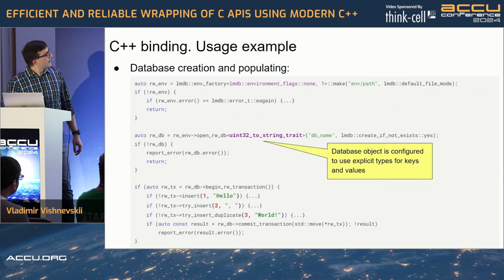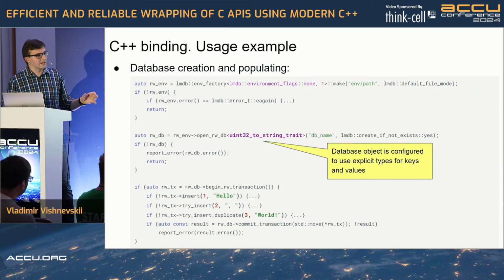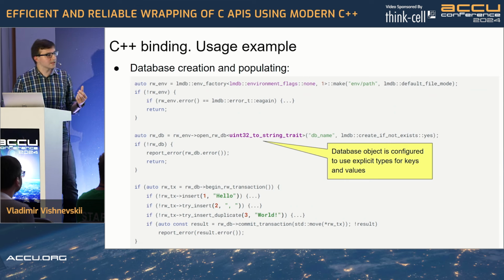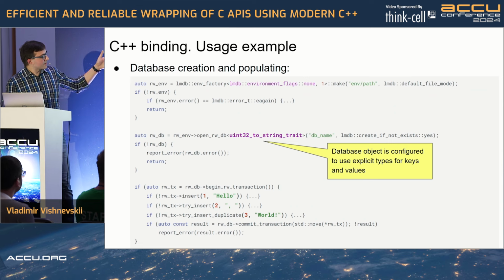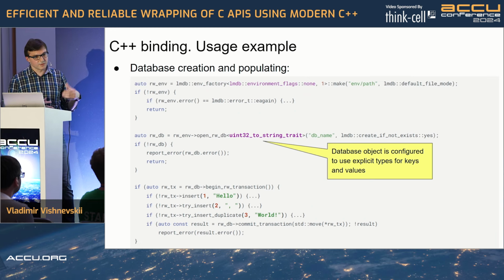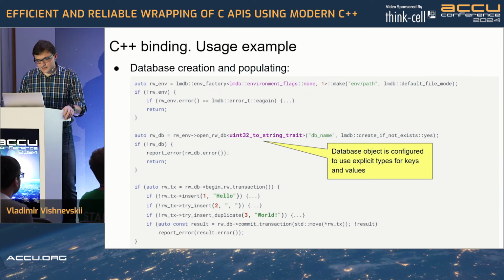We also operate not with MDB vals or any abstractions that require serialization on the client side, but with the types, and we can use, again, compile time mechanisms to specify the rules for how we want those types to be translated into the C abstraction.